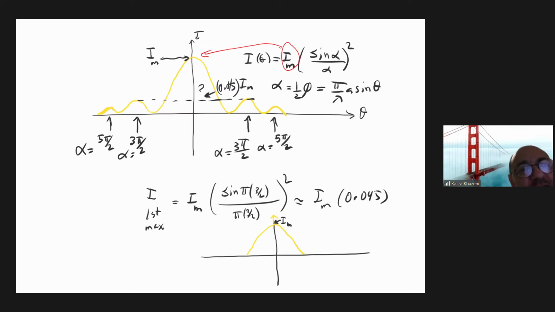So you can see it's tiny. It's extremely small. And the other one's even smaller.